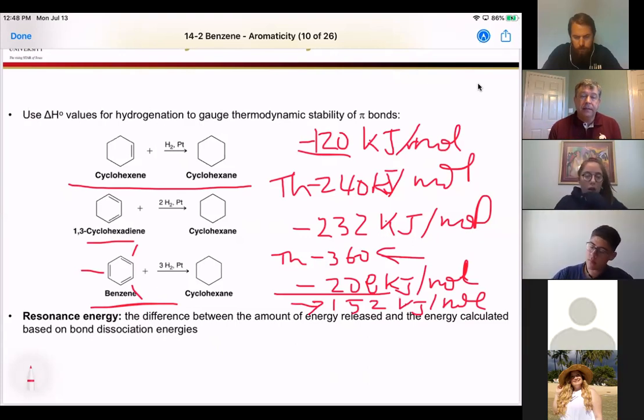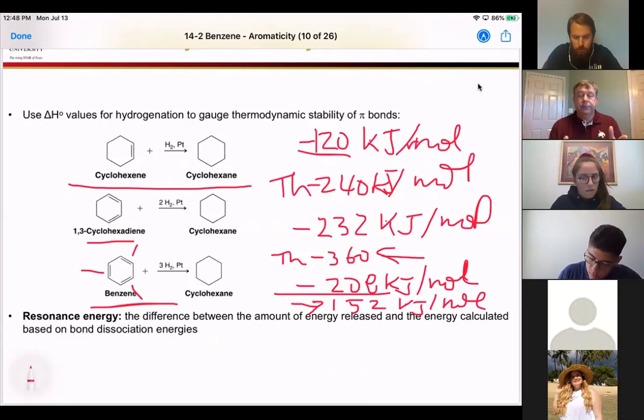What that's telling us is that benzene has a significant amount of energy stored in it, because it's stabilized by having that resonance, having that aromaticity. So basically that energy is the resonance energy. And that's the difference between what would have been released if they were isolated double bonds versus what we actually get when we measure the hydrogenation.